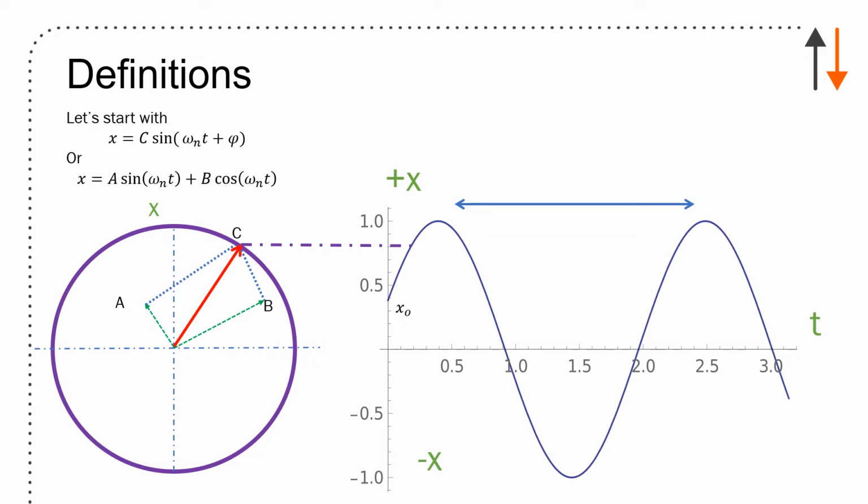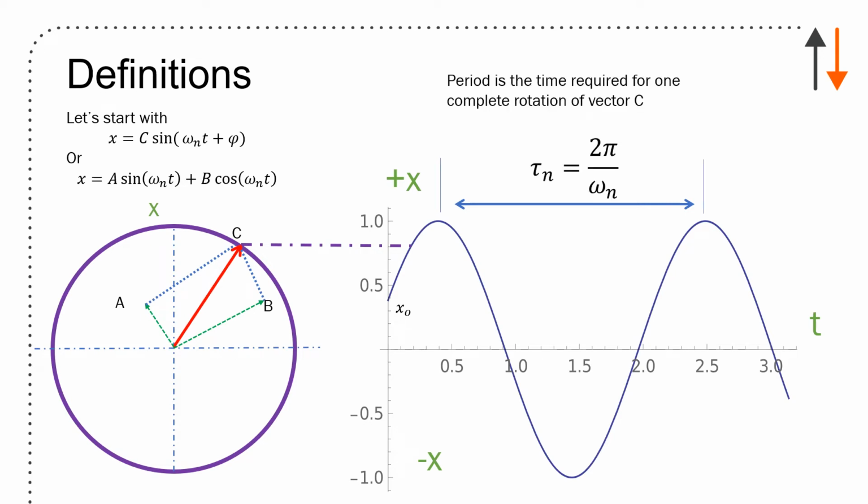If I want to relate it back to the solution that I've given in terms of A and B, that's what A and B are. A and B are two normal vectors that describe C directly. The period is the time required for one complete rotation of vector C. So from 0 to 2 pi, it'll go around there.